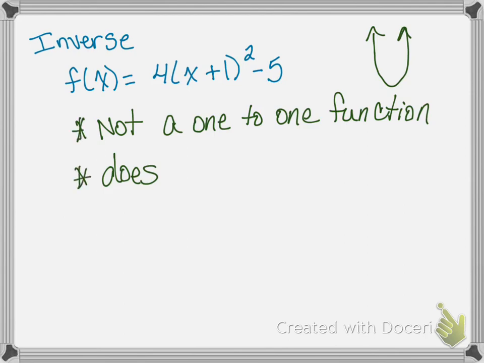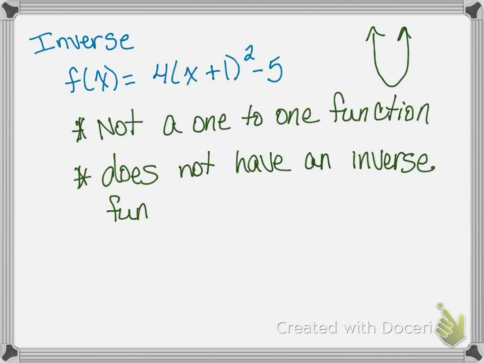So when we start getting nitpicky about our words, that's kind of what we fall into. Does not have an inverse function. And that's because this one fails the one-to-one test, or the horizontal line test.